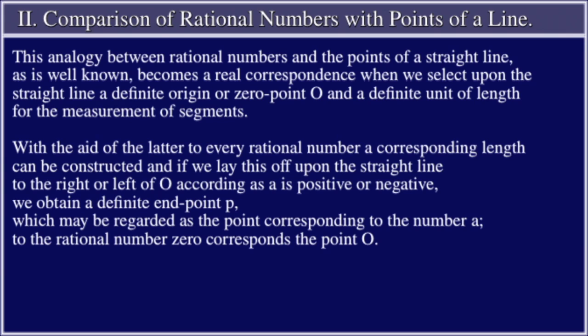With the aid of the latter, to every rational number A a corresponding length can be constructed, and if we lay off upon the straight line to the right or left of O, according as A is positive or negative, we obtain a definite endpoint P, which may be regarded as the point corresponding to the number A. To the rational number 0 corresponds the point O.